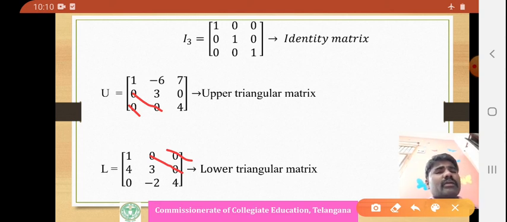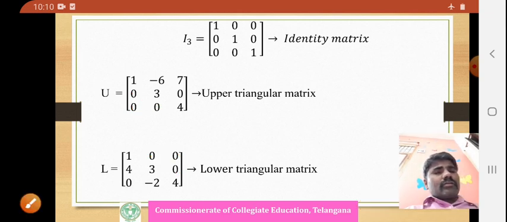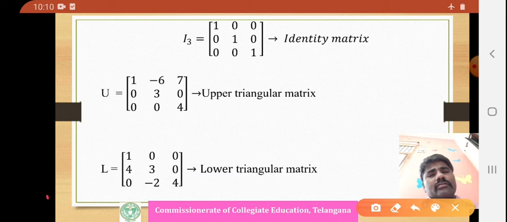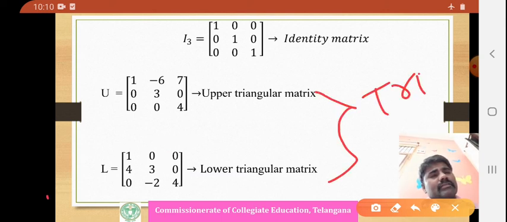Below may or may not be 0, we cannot say. Upper triangular and lower triangular matrices are together known as triangular matrices. In particular, this is the upper triangular matrix and this is the lower triangular matrix.